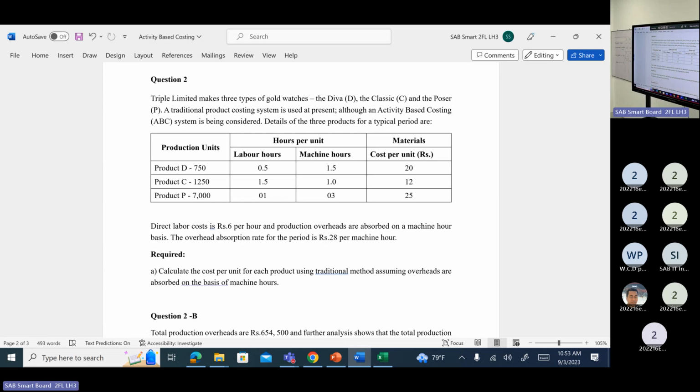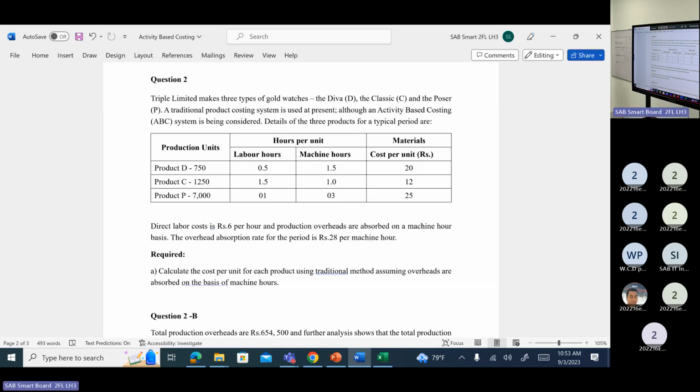So here, Triple Limited makes 3 types of gold watches, D, C, and T. The traditional product costing system is used at present, although an activity-based costing system is being considered.